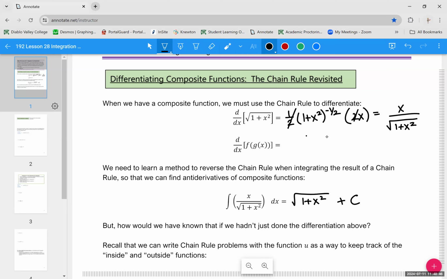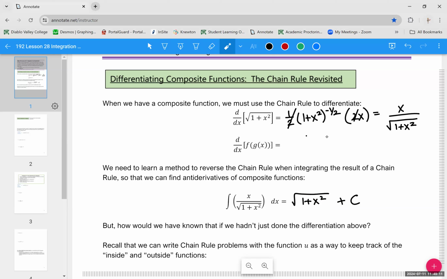But we would not have known that if we hadn't just done this derivative. And it's not like we're going to sit here, look at these things and just try derivatives of random functions. So what we really need is a way to rewrite this so that we can work backwards to get to its antiderivative.